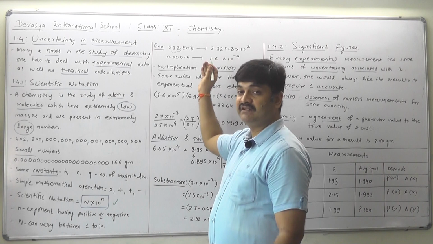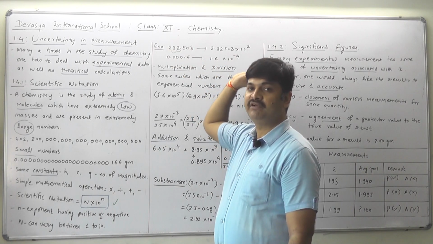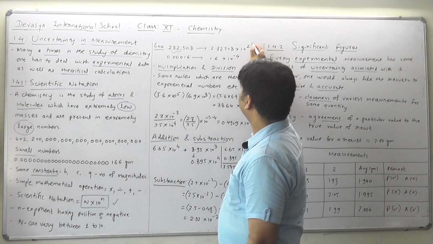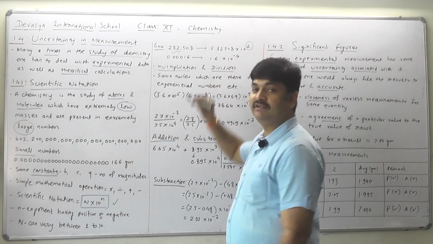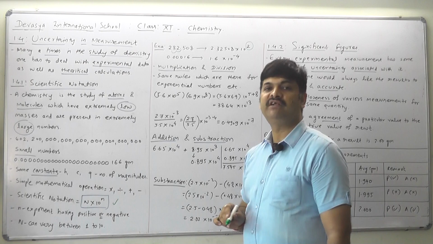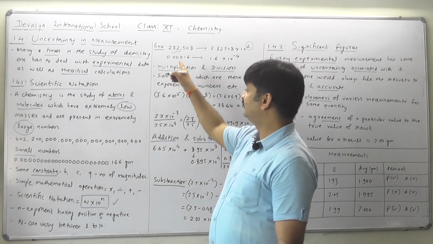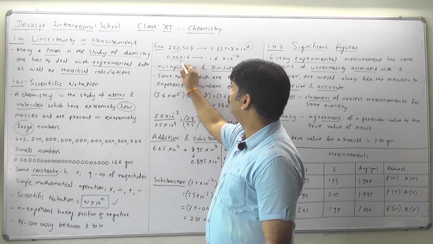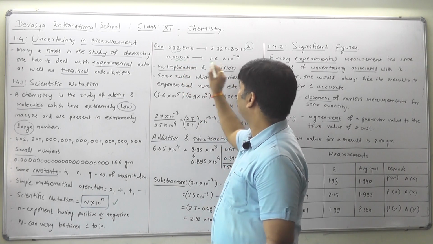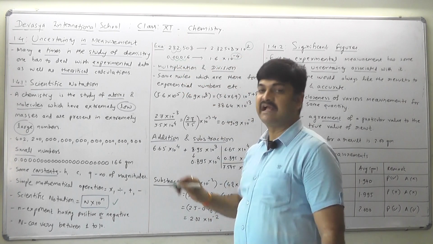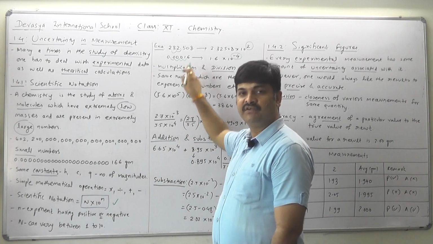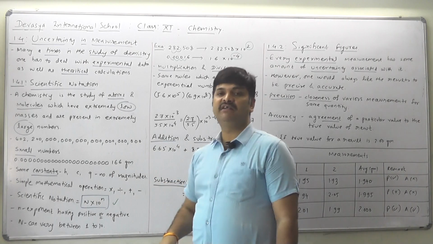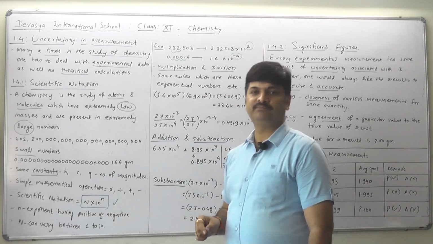Here we are moving to the left-hand side of the decimal point, so the exponent will be positive. But if we move to the right-hand side of the decimal point, then the exponent is written as negative. In this way we can find the value of small n.